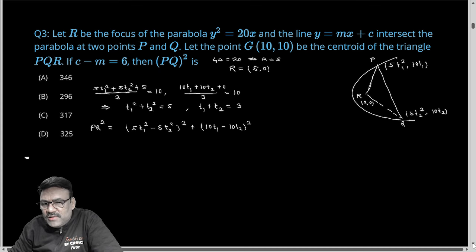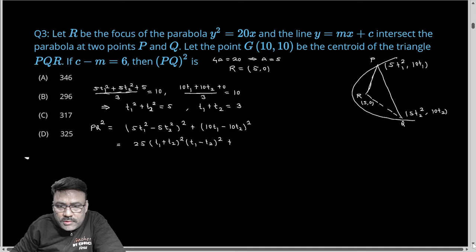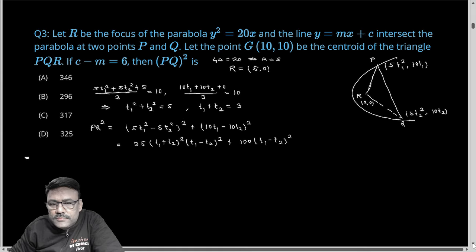Now it can be written as 25 times t1 square minus t2 square, which can be factorized, so t1 plus t2 whole square times t1 minus t2 whole square. And here I'm getting 100 times t1 minus t2 whole square.